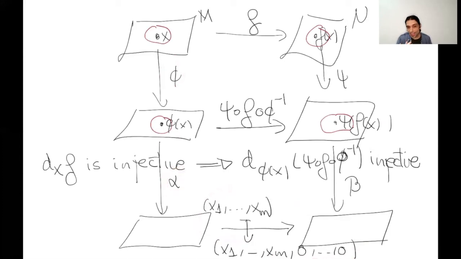And you have to remember that a local chart is nothing else than a diffeomorphism between an open subset of our manifold and an open subset of a Euclidean space with the usual differentiable structure. So the composition of phi and alpha is going to be a diffeomorphism, and so it's also going to be a local chart, right? That's a very interesting remark.